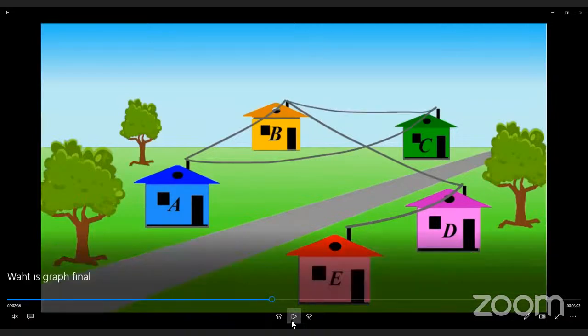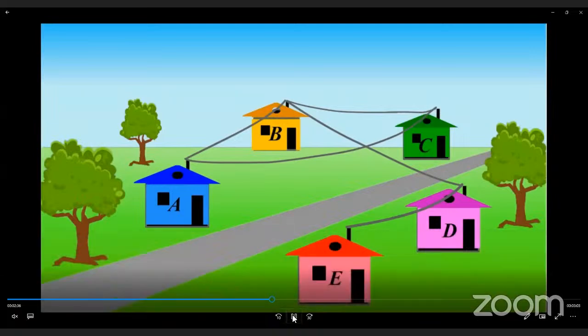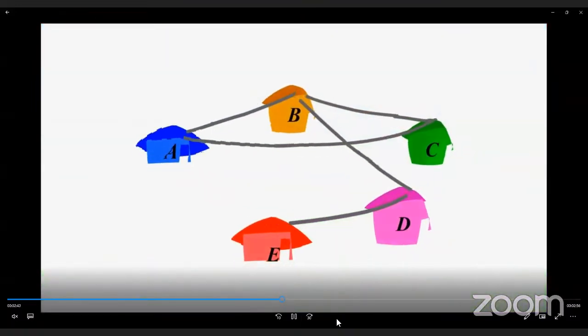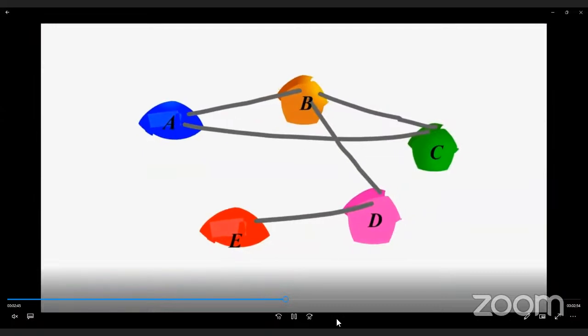And these are connections between houses, for example the electricity network. This one can also be modeled as a graph.